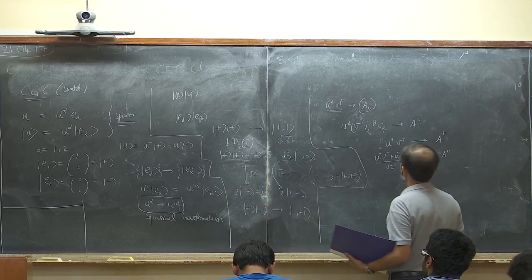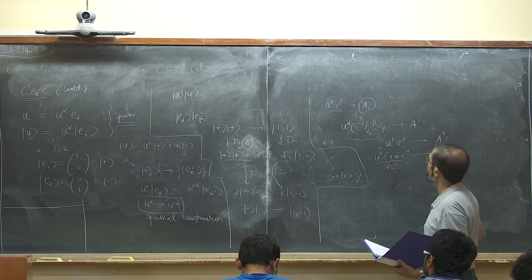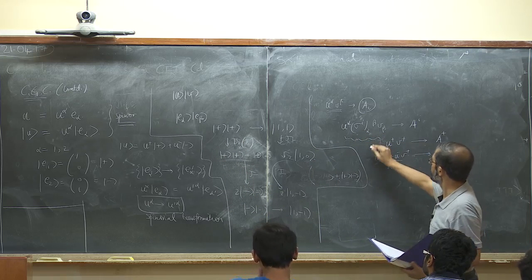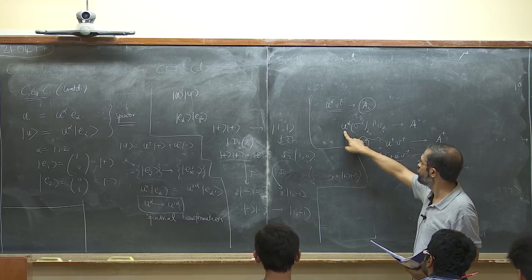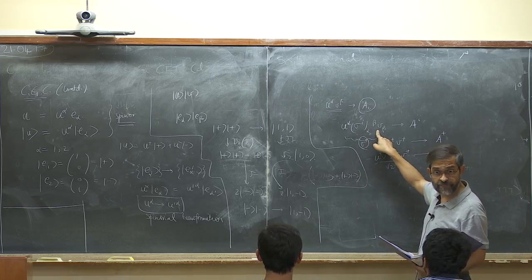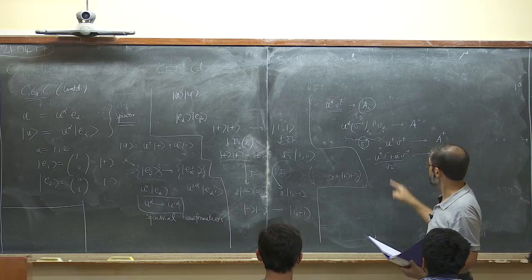But what I'm saying here is that if you take this combination and keep applying sigma plus, so you have some U sigma plus V. What you will get here is U plus V plus, no big deal.